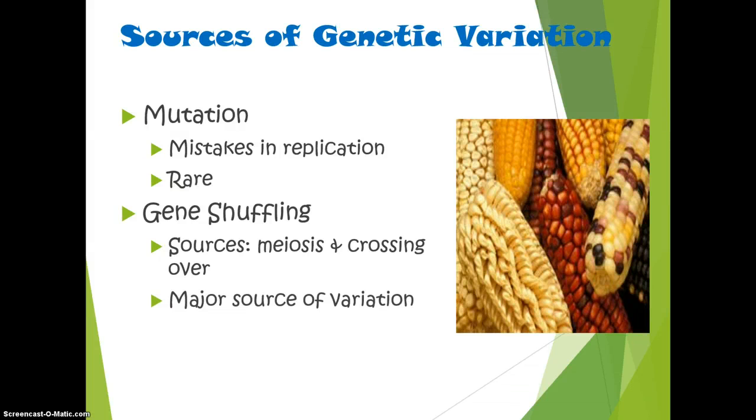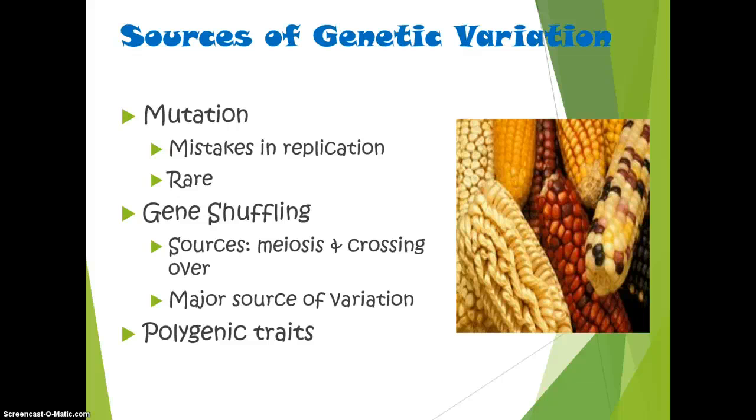Okay, this is the major source of variation. This is why it is so beneficial for organisms to reproduce sexually, because they go through meiosis and fertilization, which creates a lot of variation. You could see that if our population of butterflies was only one color, and it was a color that stuck out, then that population is going to go extinct.